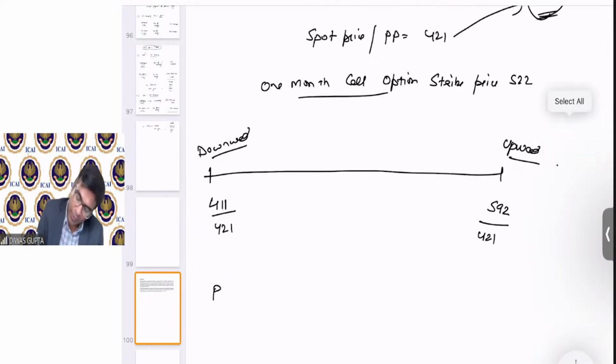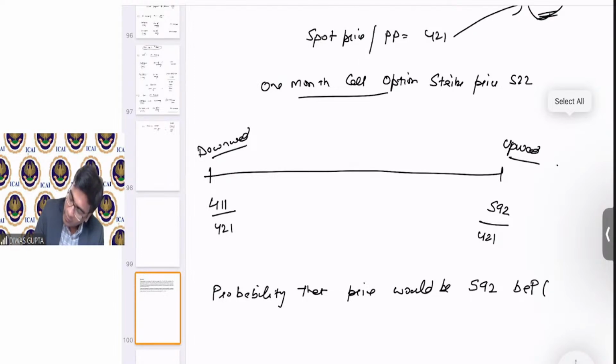Okay. So the probability that the price would be 592 be this.